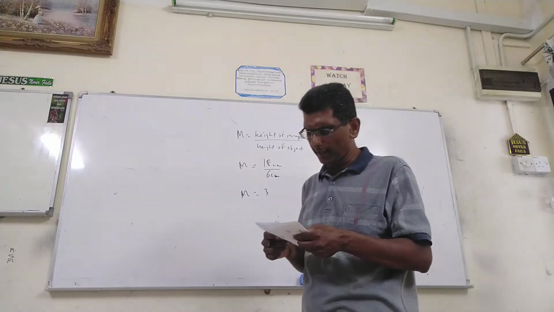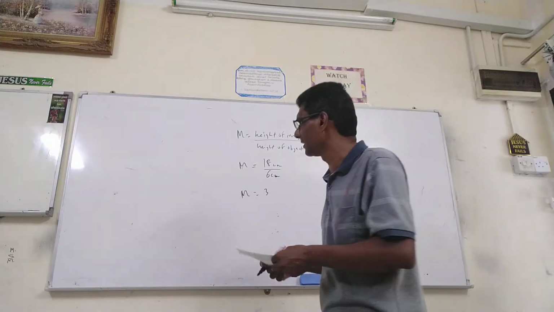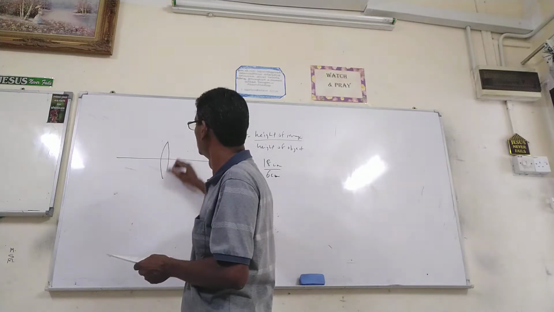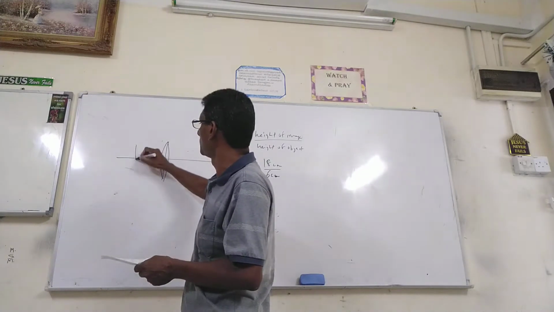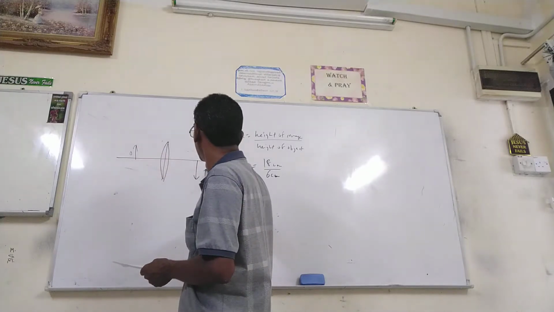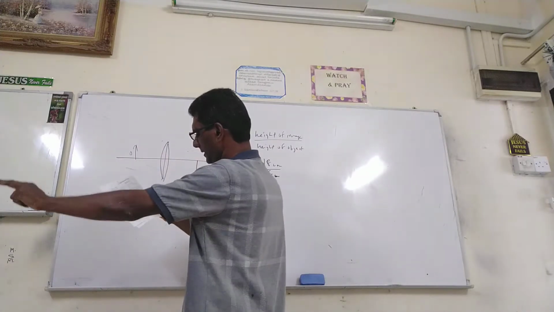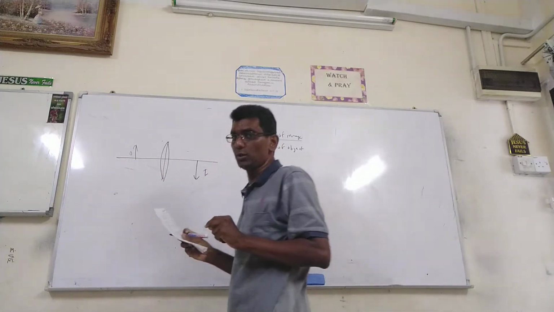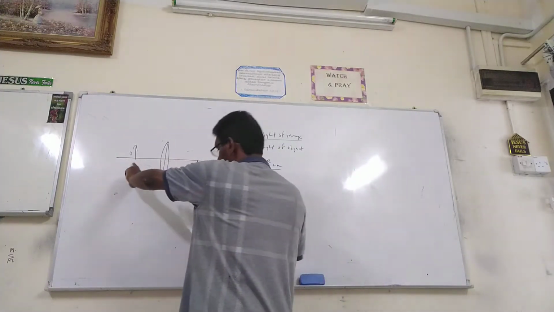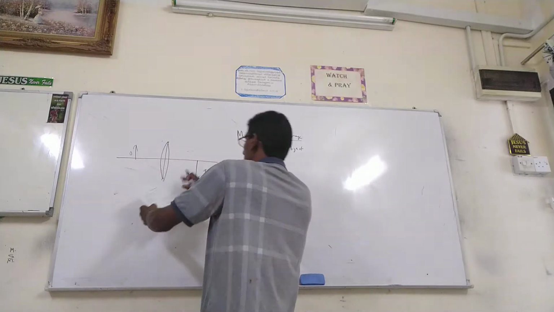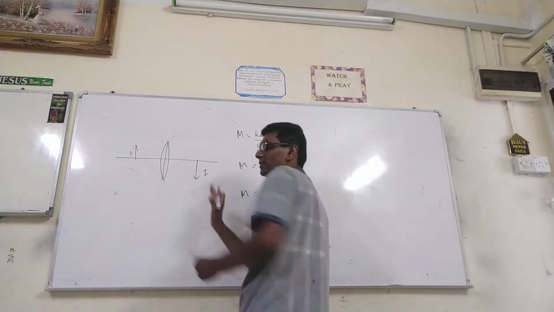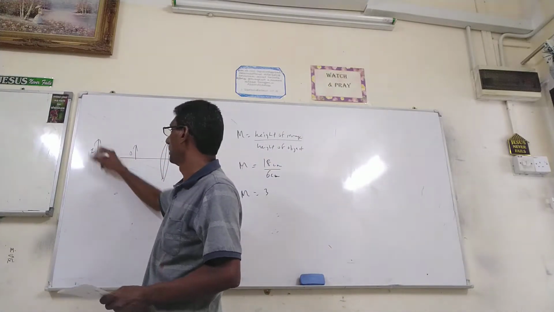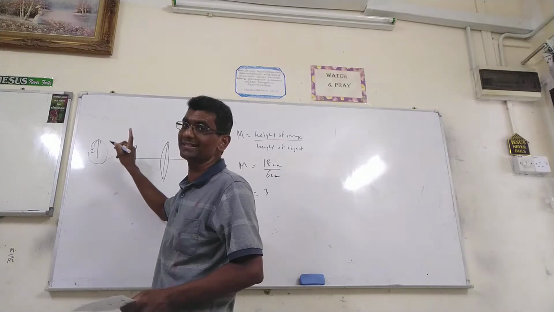Okay, and find the object distance. Since the object is on this side and the image is on this side, they are not on the same side. If the object and the image are on the same side, that is a virtual image, like u less than f.